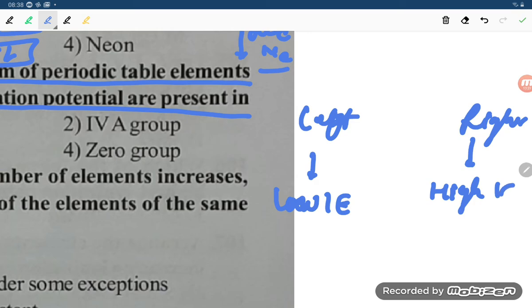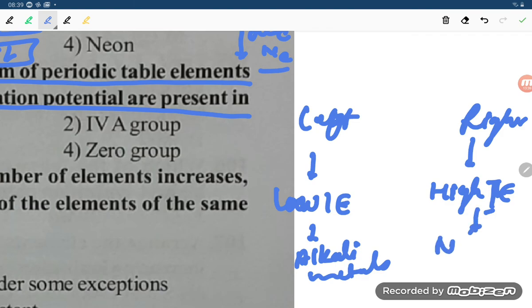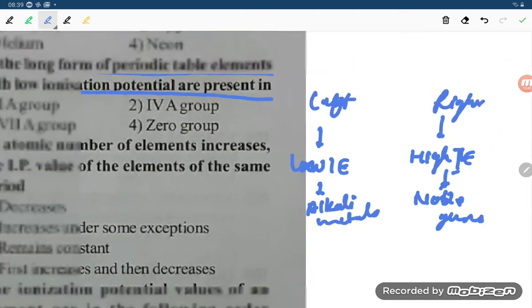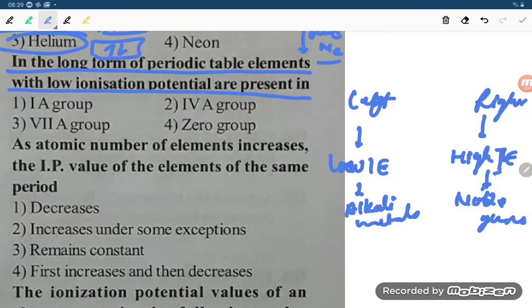Low means alkali metals, and here it will be noble gases. Alkali metal means the first A group, noble means 0. So the correct option will be first A, option number A1 is correct, students.